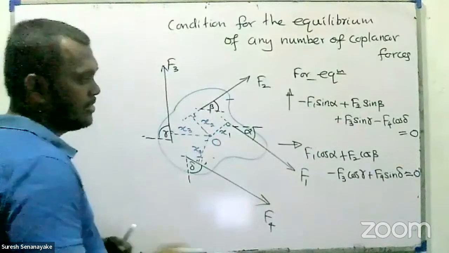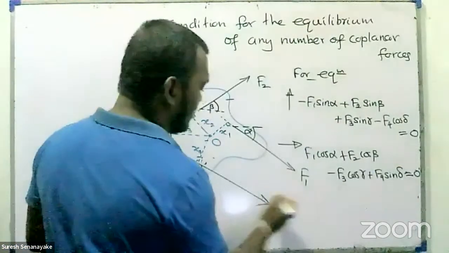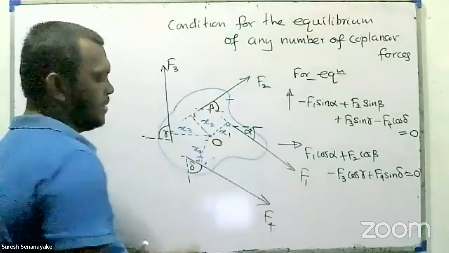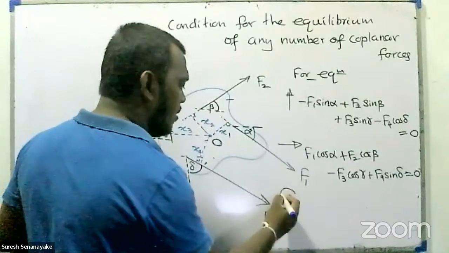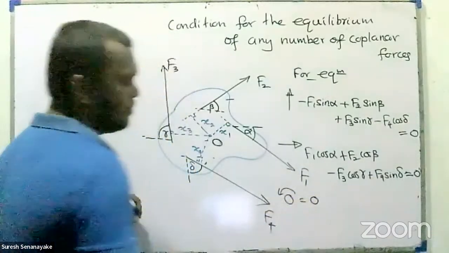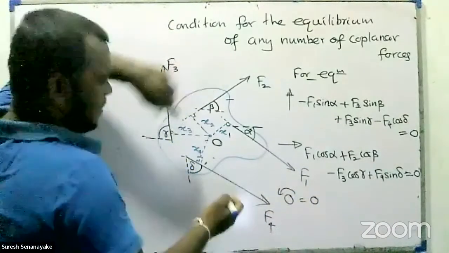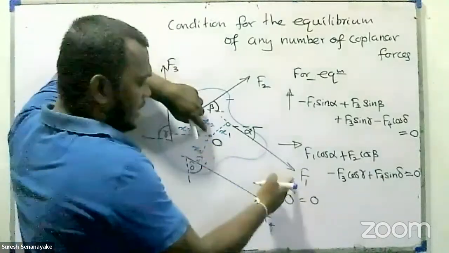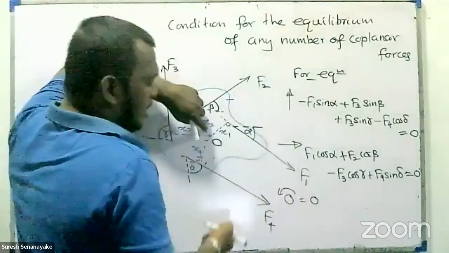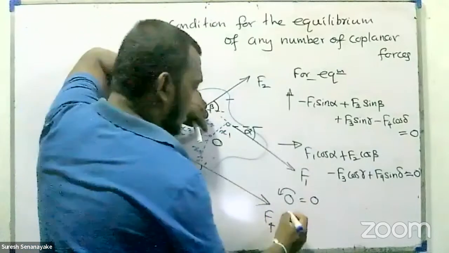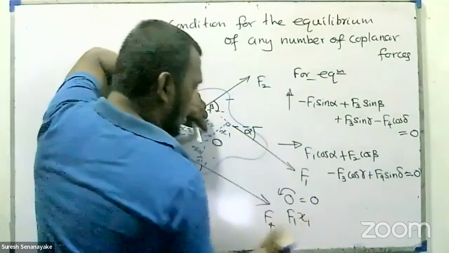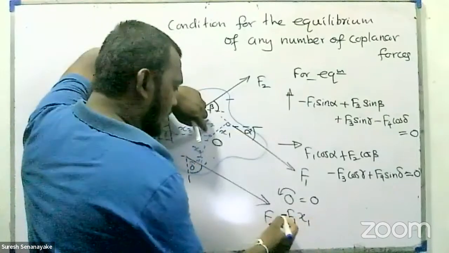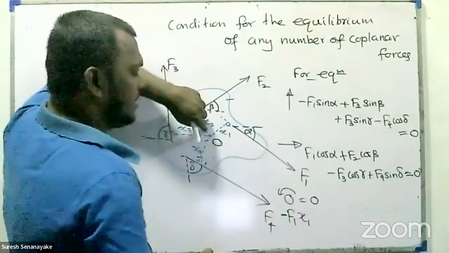And then the third condition, that's the moment about O should be equal to zero. So you can write the moment about O that should be equal to zero. F1 into the perpendicular distance x1, and it is negative because I'm considering moment in the anticlockwise direction.